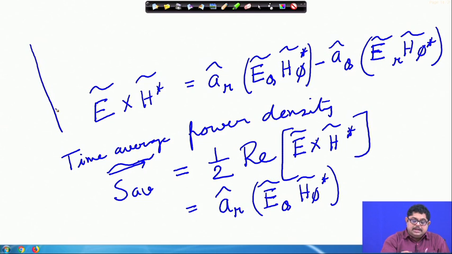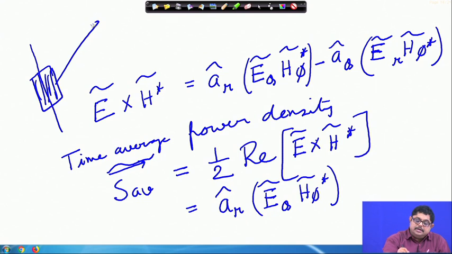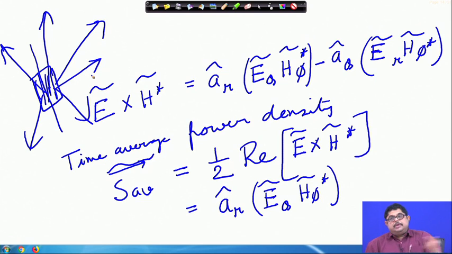That means, I have the current element here, this is my current element, in this direction it is going. So, in all radial directions it is flowing out, but in no other direction it is flowing. So, if I look from here, it is flowing here, if I look from here, it is flowing here, but do not assume that just because I have drawn arrows it means it is equally flowing.